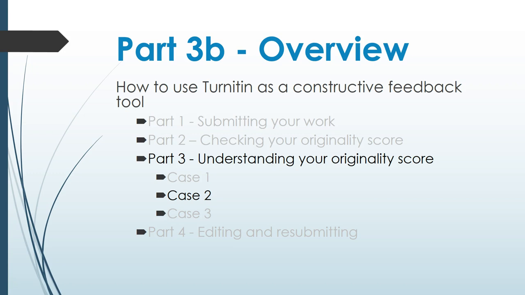And the first case I picked was one where the submitted piece of coursework or essay came back with 98% originality. And I explained that it could be as a result of the author relying too heavily on one source, thereby copying several aspects of that source and pasting into his or her own work.